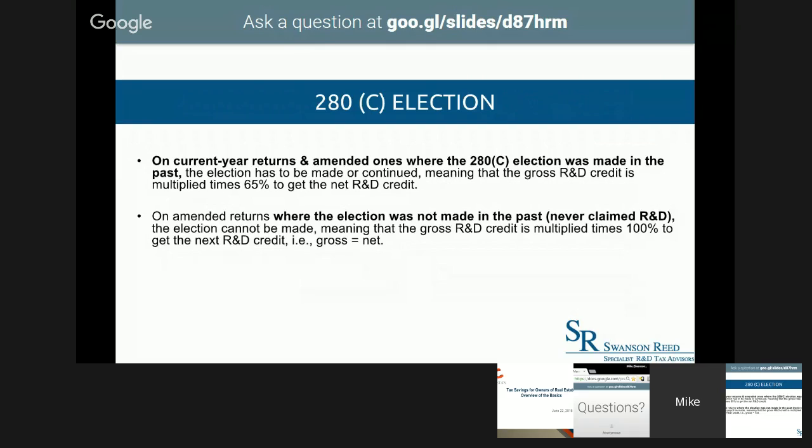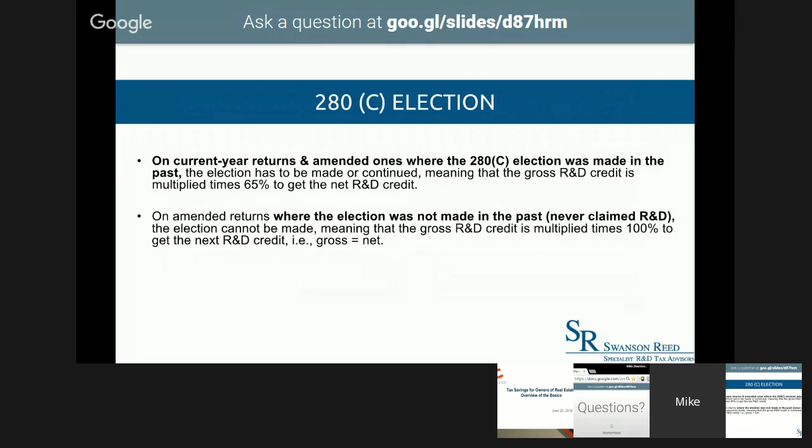So you could take 100% of the credit, and then the amending process will remove those expenses from your ordinary business expense line so they are not counted twice, so you won't be double dipping. On the other hand, when you file an original return, a current year return, that does not happen. So you'll have the same expenses, let's say payroll, in your ordinary business expense section, and then you're also repeating them in your R&D claim, the same people.